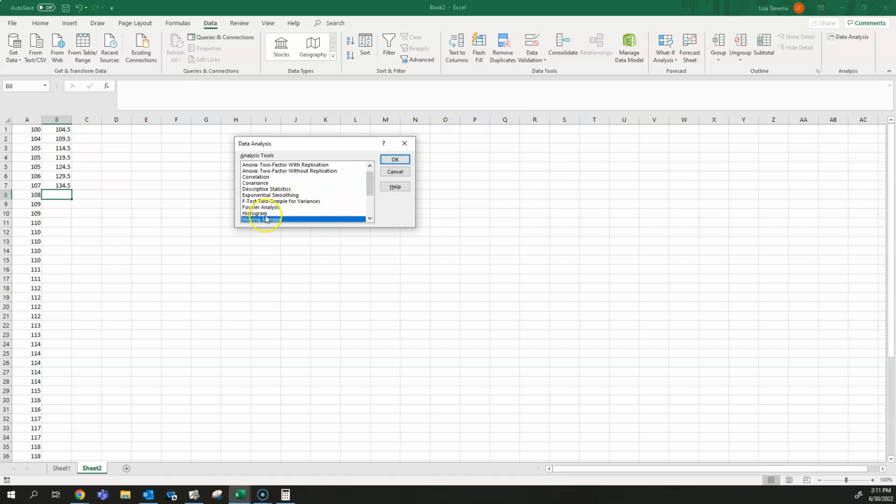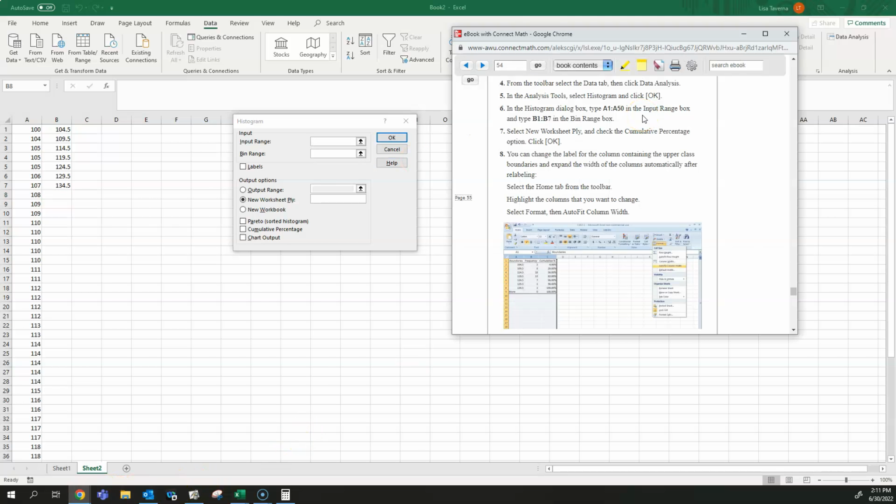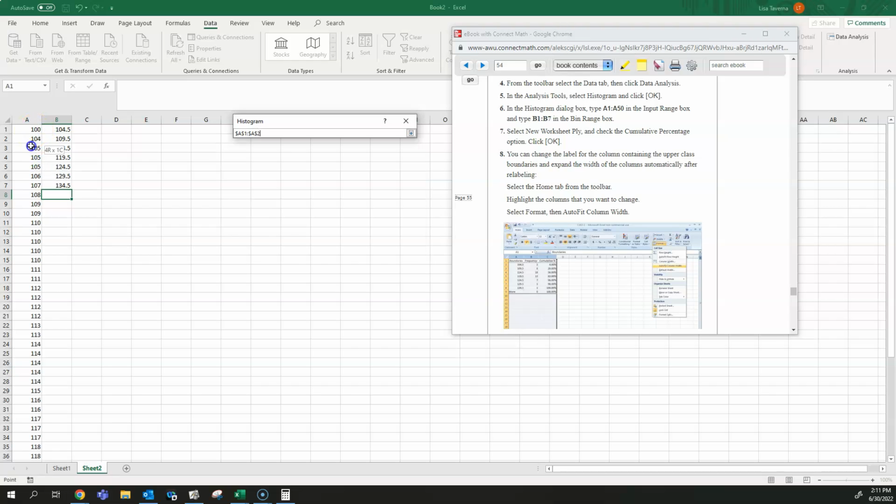Our next step is to choose histogram and click OK. Our input range is the data just in its list here. So I'm going to make sure I've clicked right in here and click on A1, hold that button down all the way to the bottom of my data.